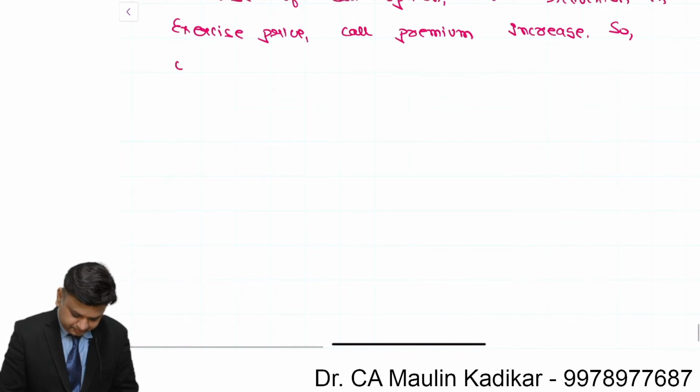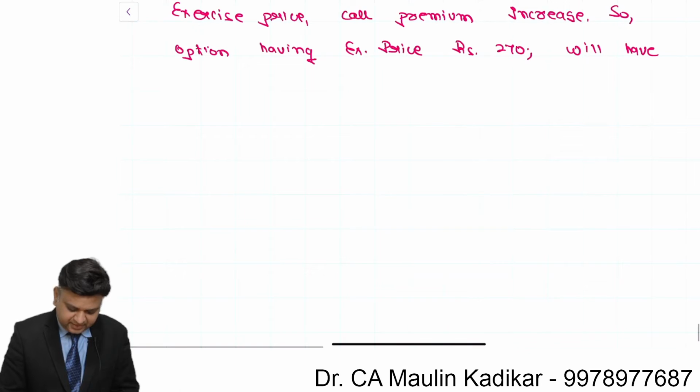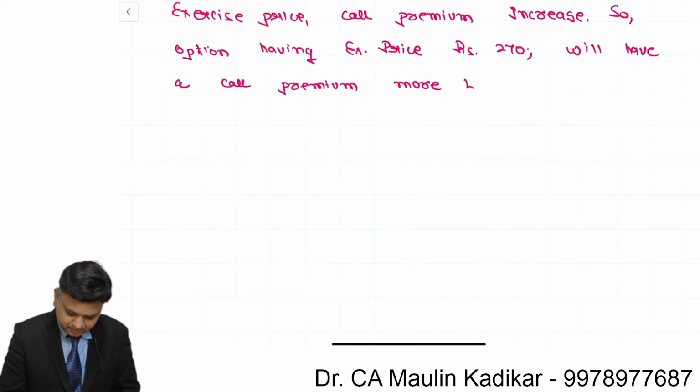So option having exercise price rupees 270 will have a call premium more than rupees 50.